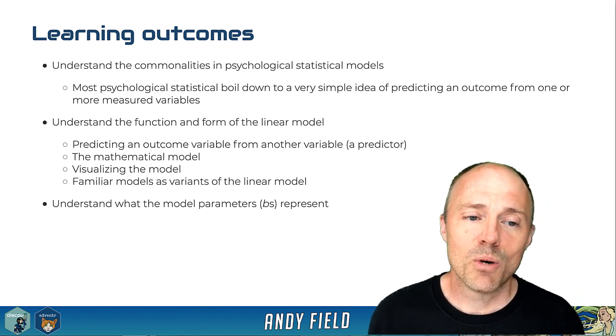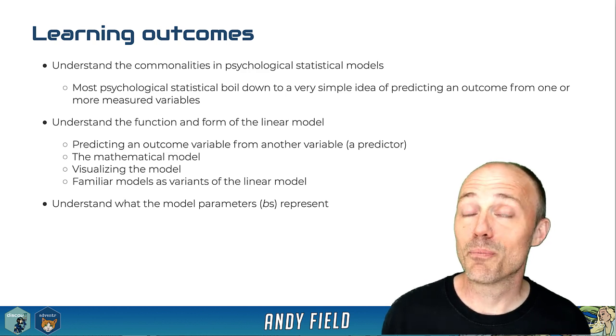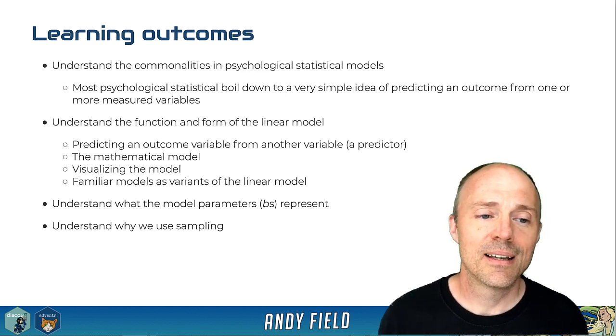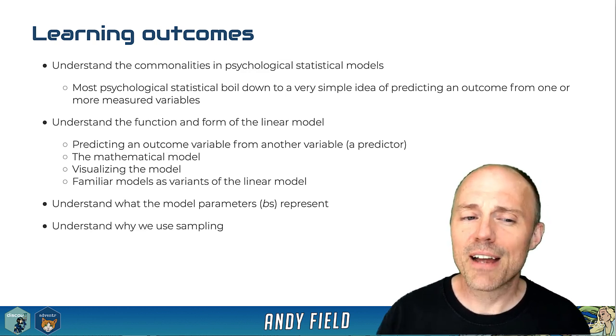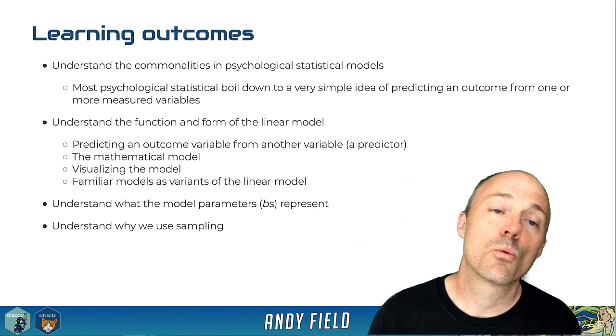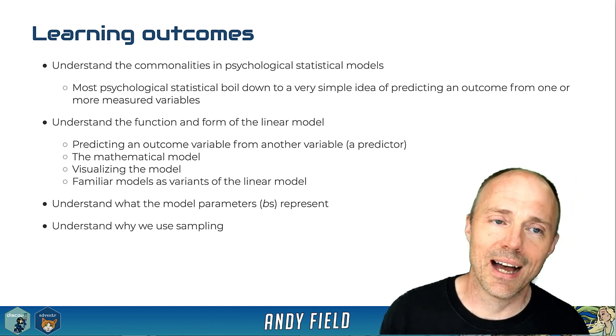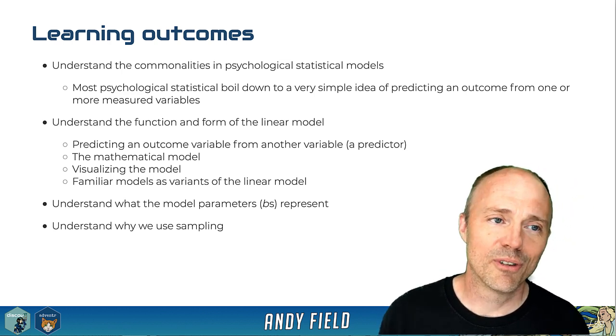We are going to have a look at what model parameters represent. So these are known as betas. We're going to have a look at what they represent, and we're going to have a very brief look, as a precursor to another lecture, as to why we use sampling. And hopefully that's what you're going to get out of the next 45 minutes or so.